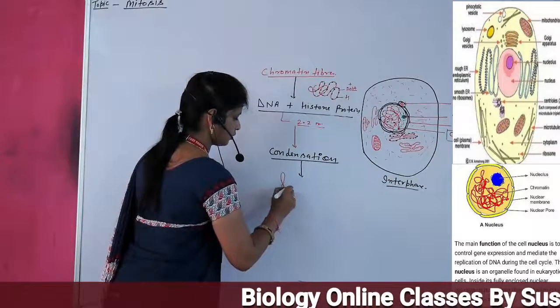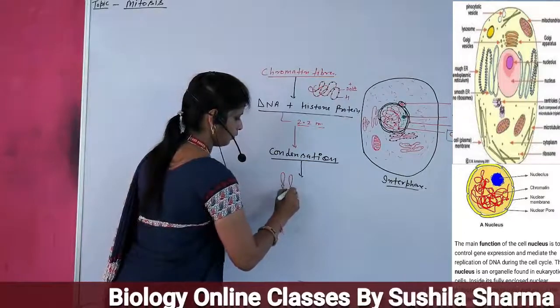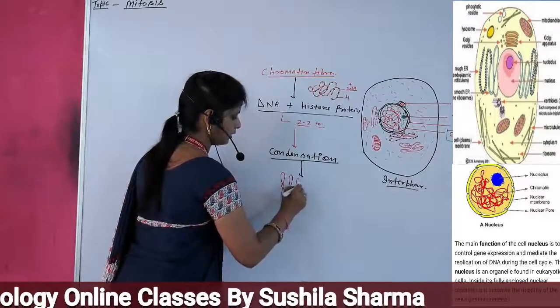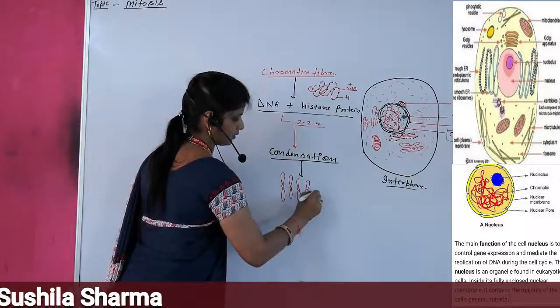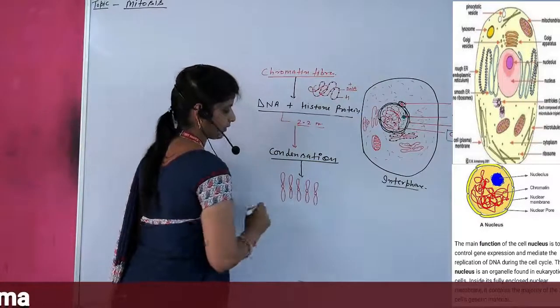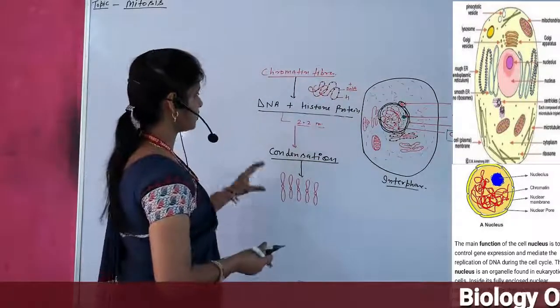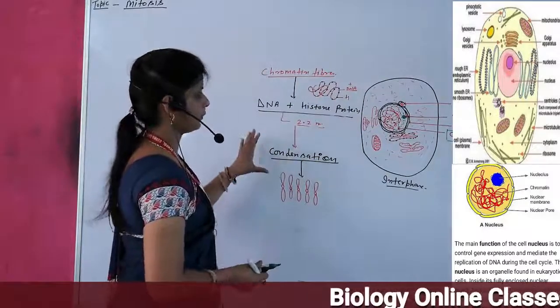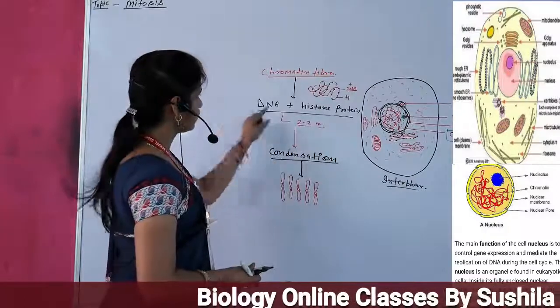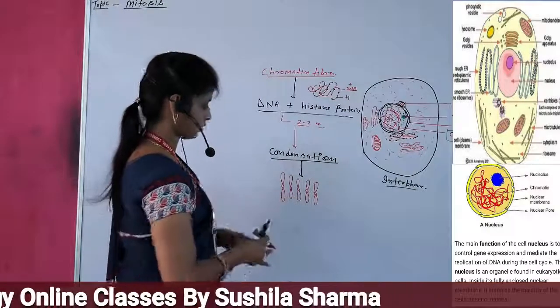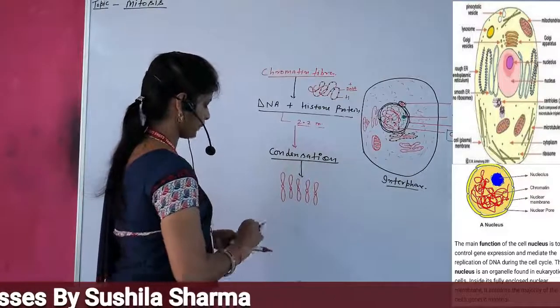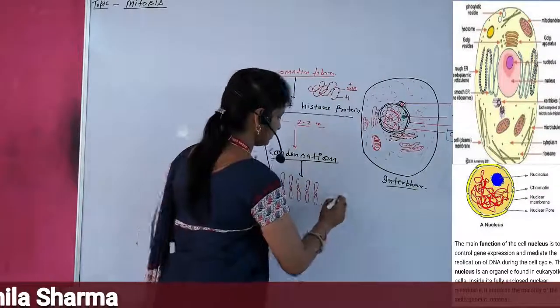It means chromosome structure forms and appears only during mitosis division and meiosis division. After condensation during mitosis, the chromatin fibers form chromosomes having some specific structure.